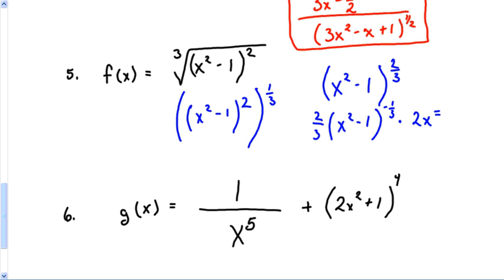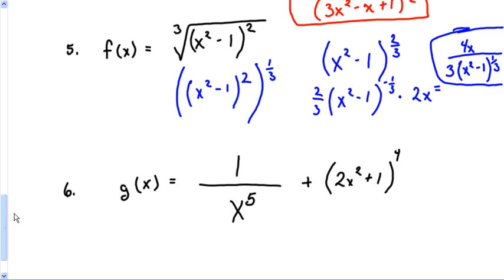We're going to end up with 4x over 3 times x squared minus 1 to the 3rd power. And there's going to be our answer.